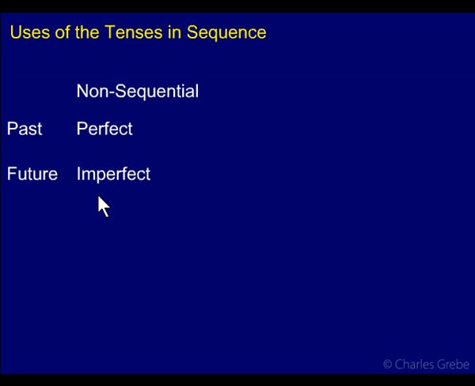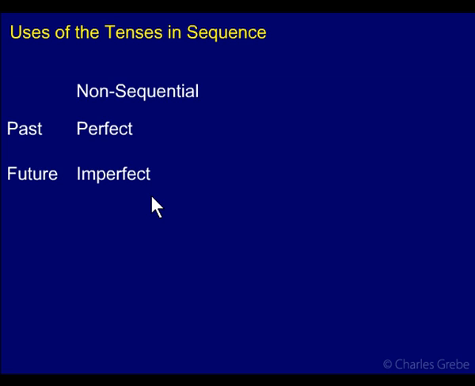Now we know, because we've studied this, that the perfect you can translate as a simple past. You can also translate it as a perfect or as a present. Likewise, the imperfect is not just a future.